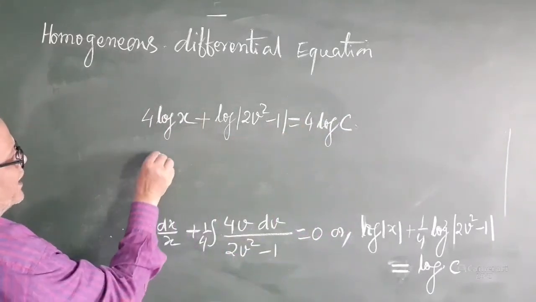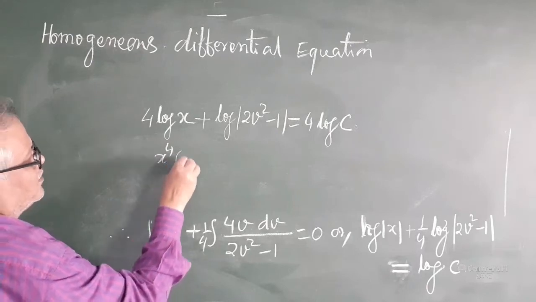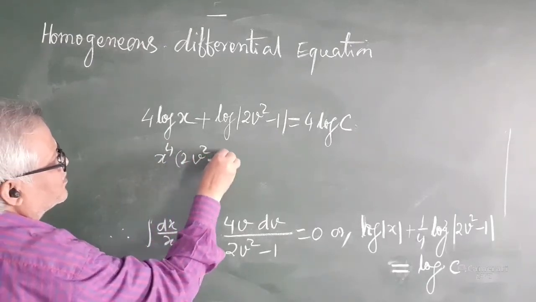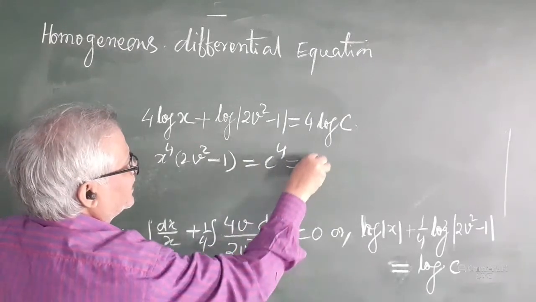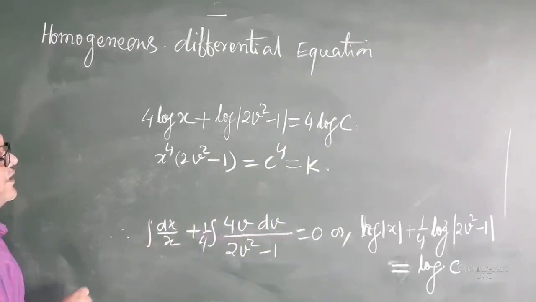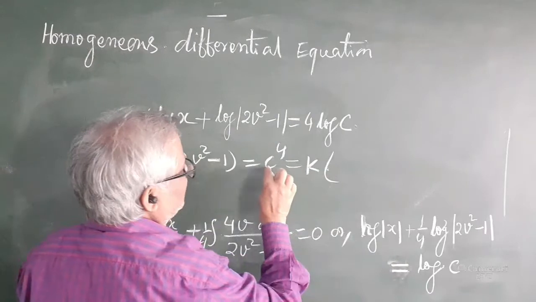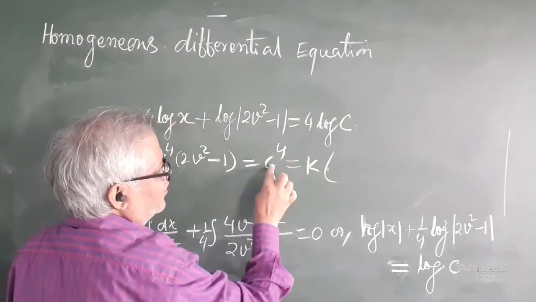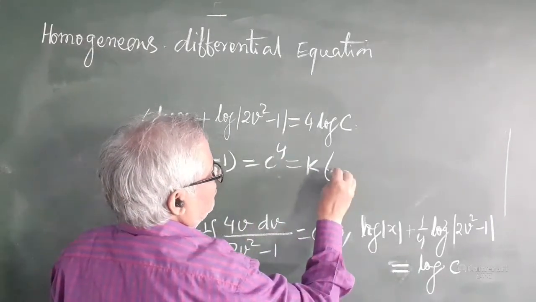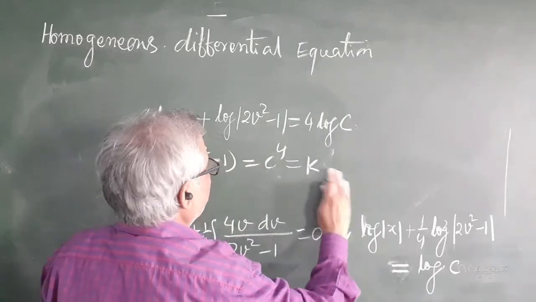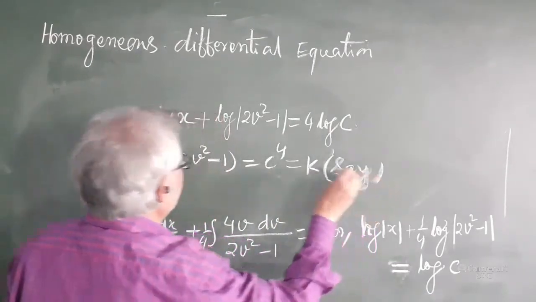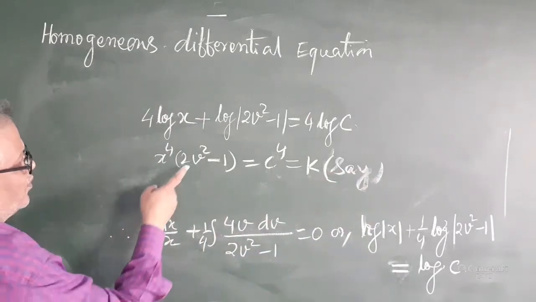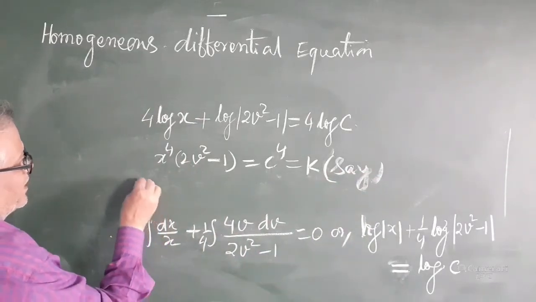So we have x to the power 4 into 2v square minus 1 is equal to c to the power 4. Consider c to the power 4 as k, the constant of integration. So we write it here, and then we replace v by y divided by x.